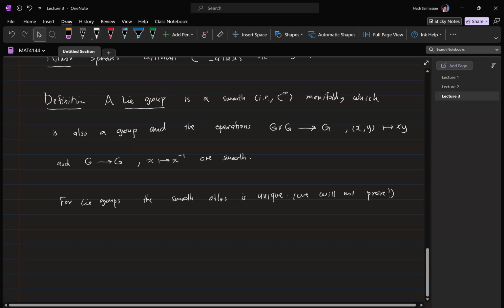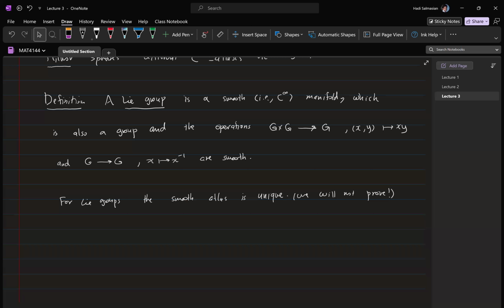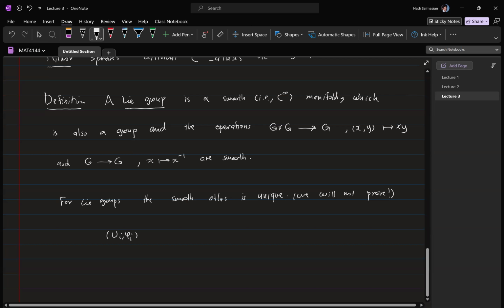Okay, so for Lie groups, things are fine, and therefore we can somehow forget about atlases technically. Yes, the smooth atlases are unique. Okay, so we say two atlases are equivalent if the identity map gives you, or rather, you have these charts for one atlas, and for the other atlas, you have these charts.